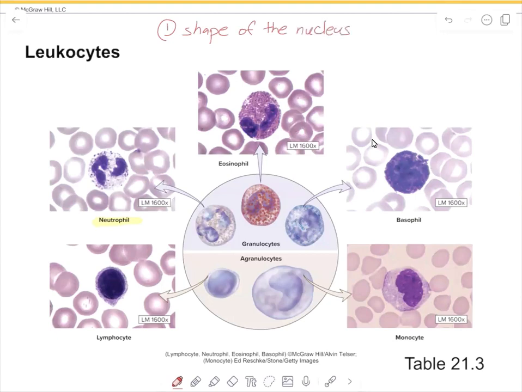The next important thing is the presence of granules in the cytoplasm. In this case, you can see granules in the cytoplasm here. You also see the shape of the nucleus. It's going to look like it has multiple nuclei, and they're kind of segmented.